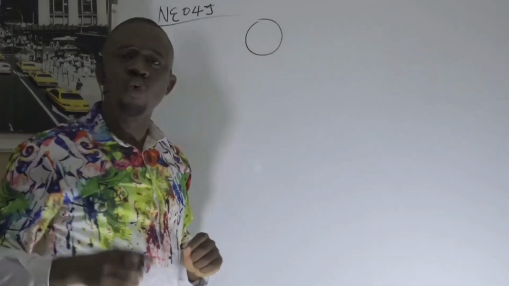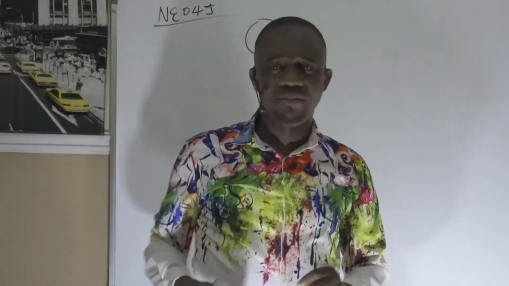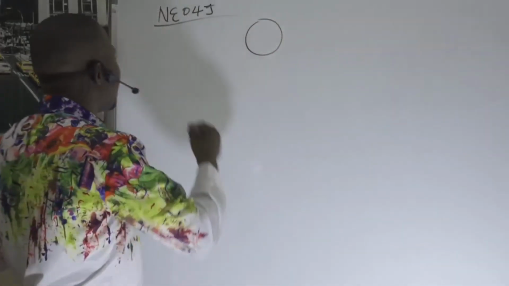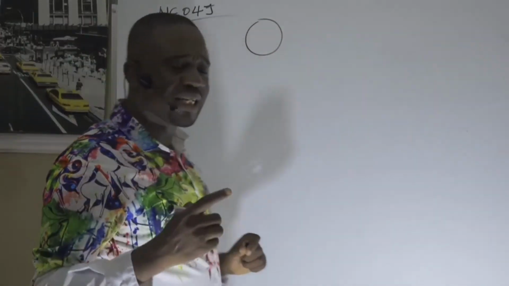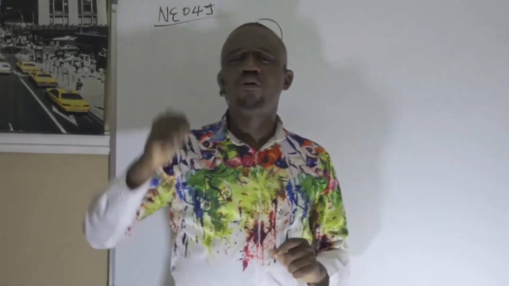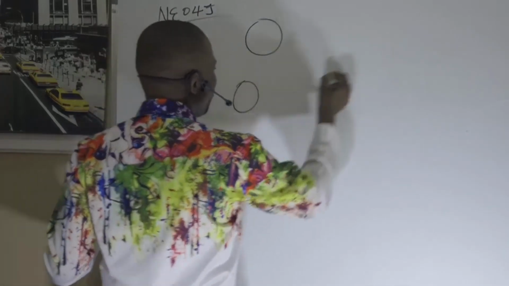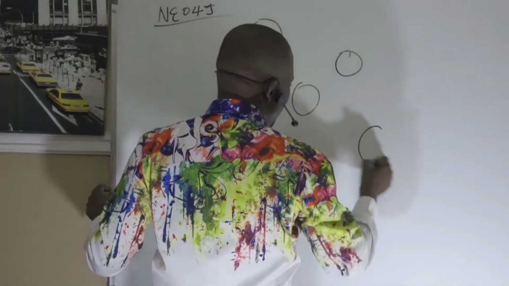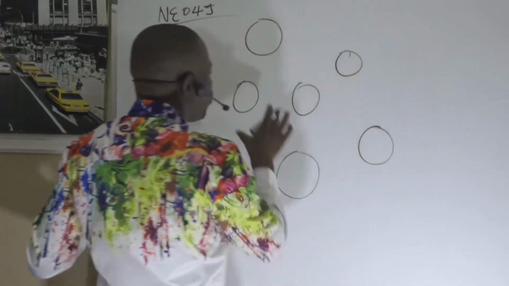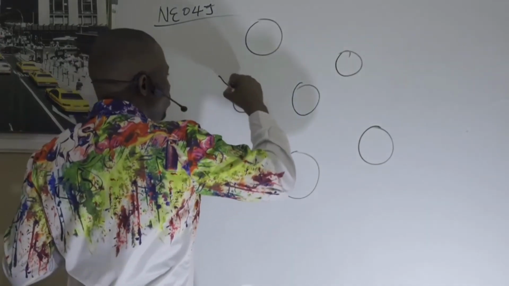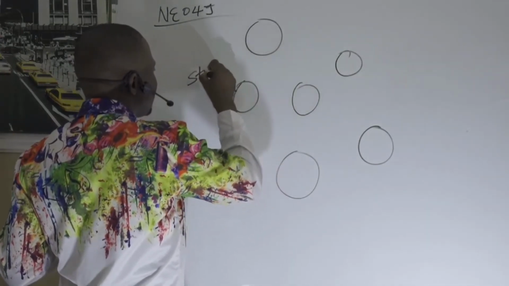No information. Now we want to create a node with a label. What is a label? A label is the type of node you are creating. For instance, I may have 1 million or 1 billion nodes in a system. What node is this? I say, okay, this node is for student.